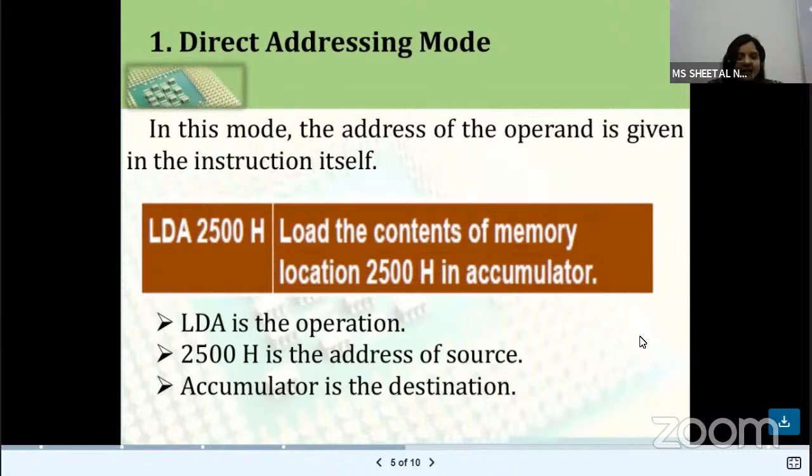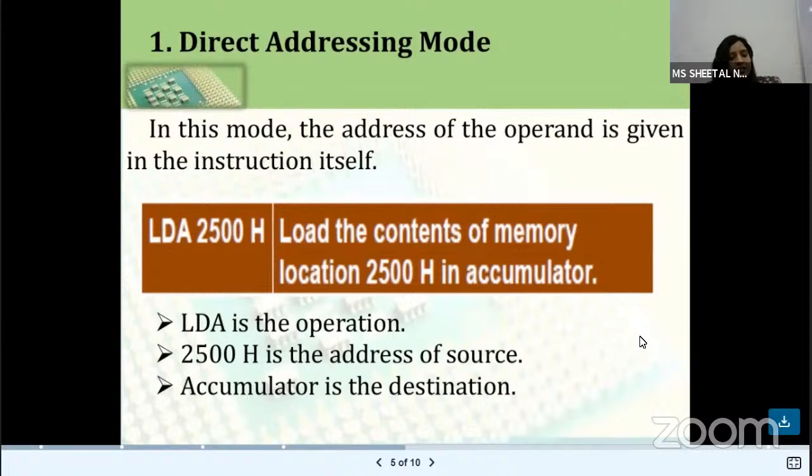That's why the ending address for the memory which can be addressed by the 8085 microprocessor will be FFFFH, from 0000H to FFFFH. We can take any memory location. In this case, we have taken 2500H, which is the memory location in this instruction.